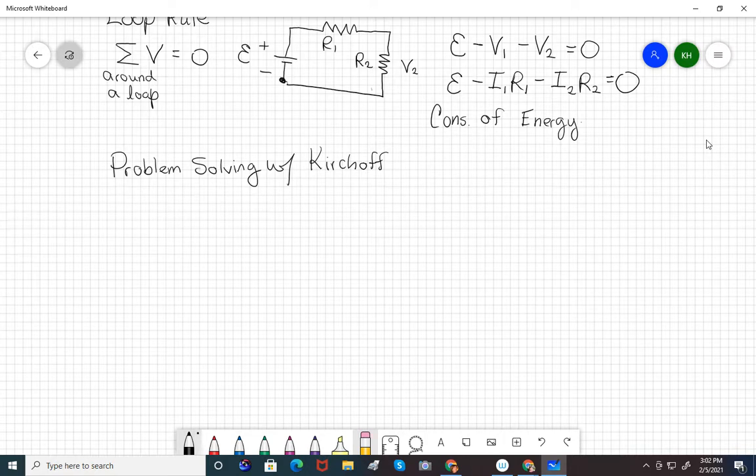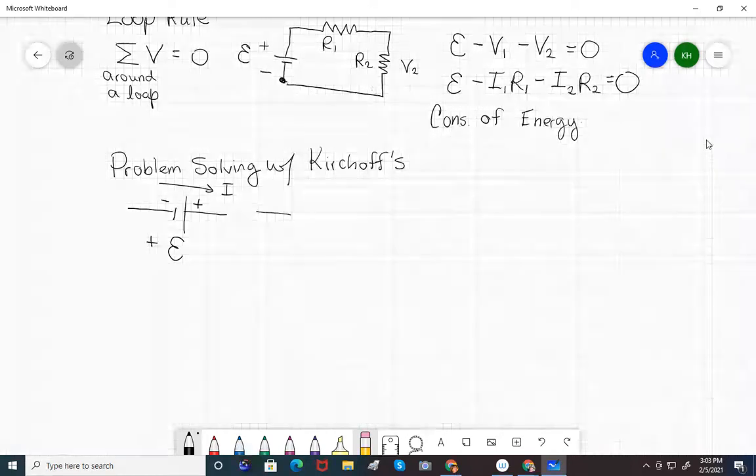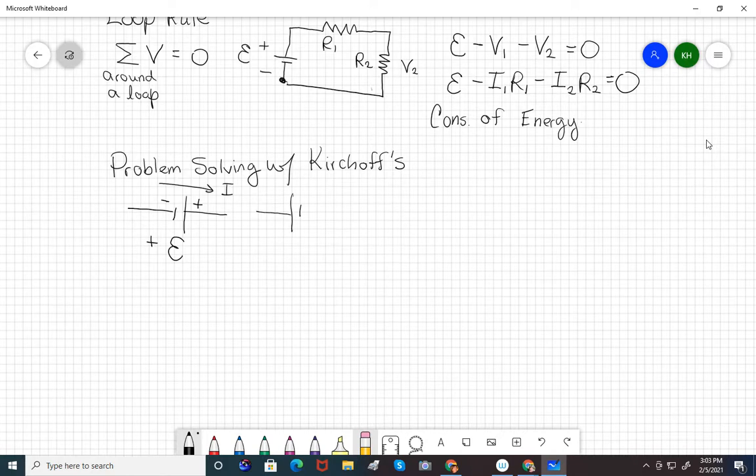As we go around a loop, keep in mind as we pass through batteries, if the current's going this way, we go from a low potential to the high potential, that is going to be a voltage gain. However, under some circumstances, we may go from high to low.